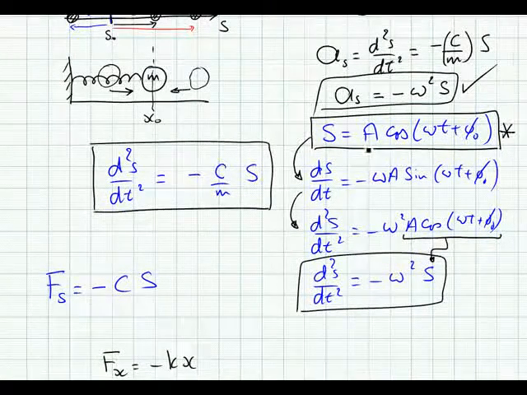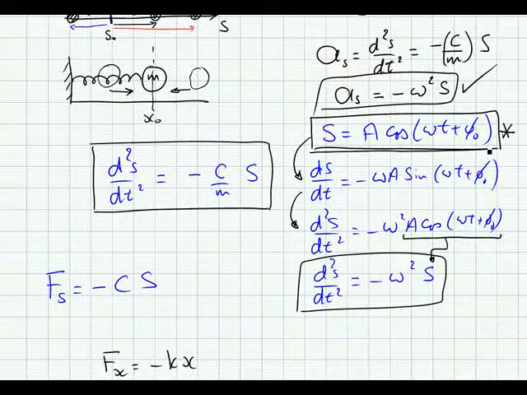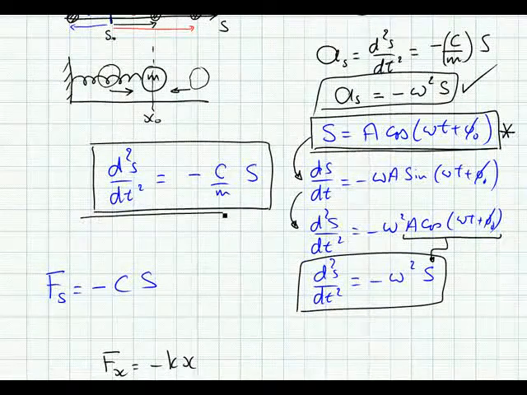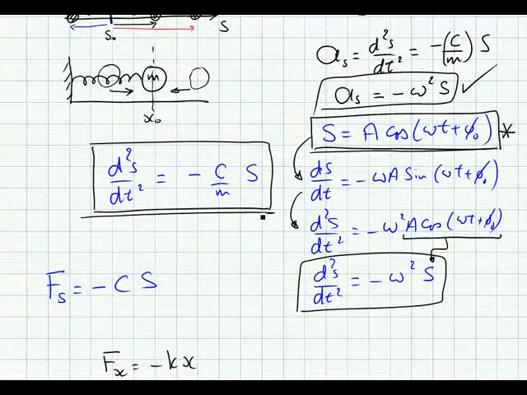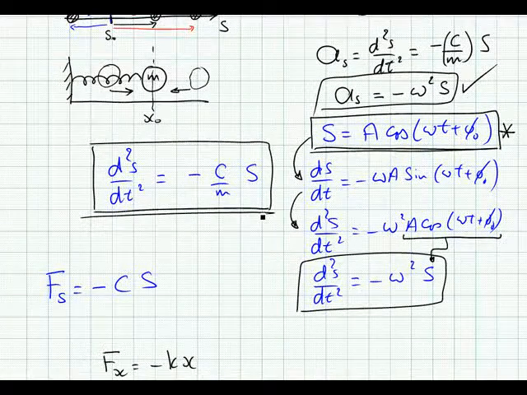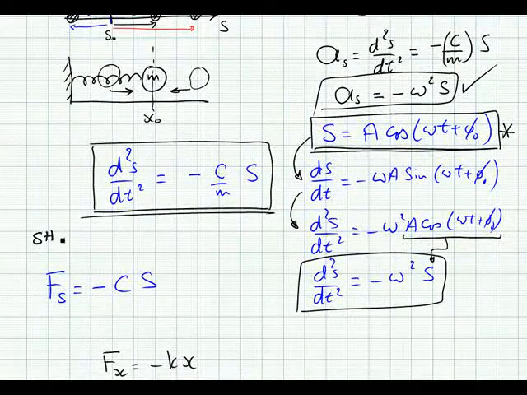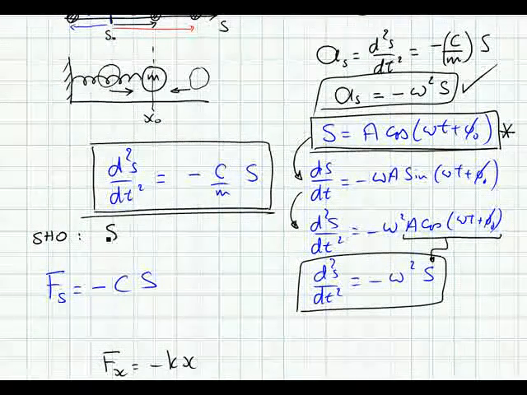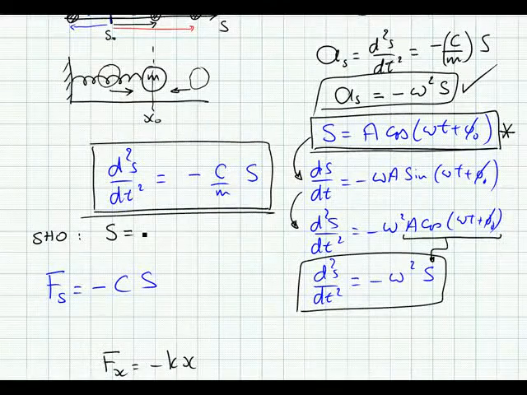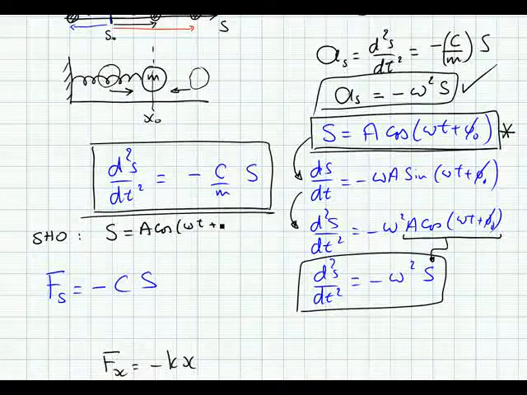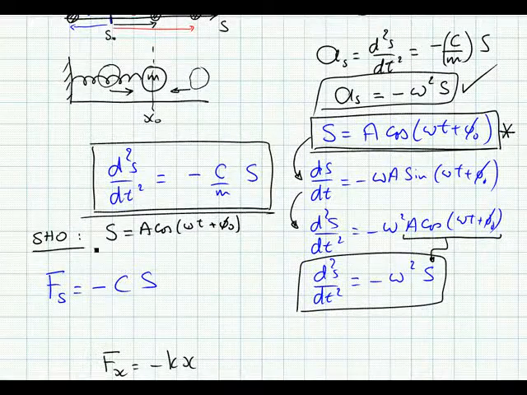Therefore, s as given by A cosine(omega t plus phi naught) is a solution to our second order differential equation, which leads us to deduce that a simple harmonic oscillator would need to follow this displacement equation, A cosine(omega t plus phi naught).